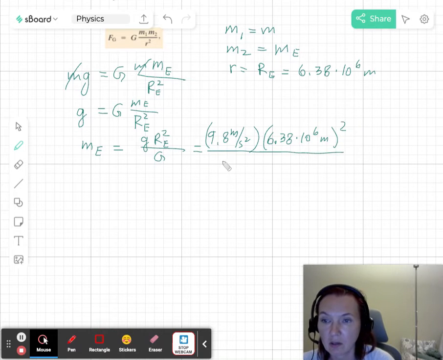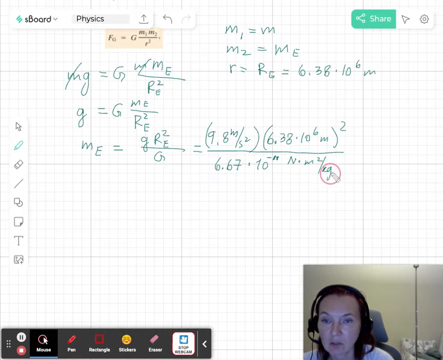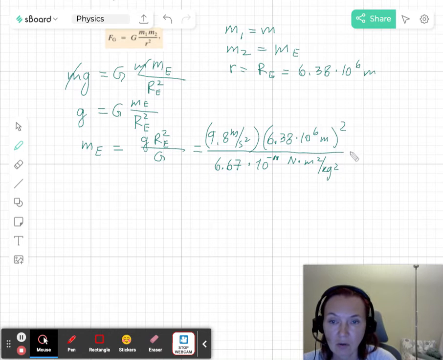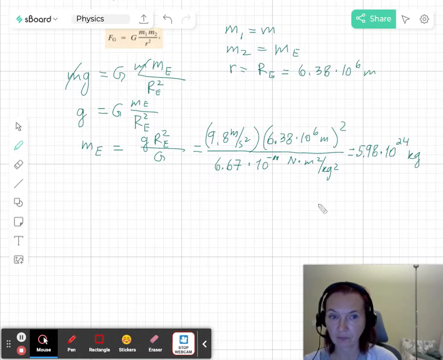Then we divide by the constant, 6.67 times 10 to the negative 11, with units of Newton times meter squared over kilogram squared. If you look at the units, they are going to cancel out, and we will get 5.98 times 10 to the power 24 kilograms.